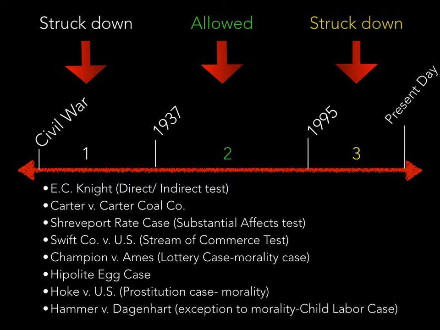Because you can have, let's say, for instance, a product within the stream of commerce that, if for some reason it's regulated to where it can't be in it or something like that, then it could substantially affect interstate commerce, right?